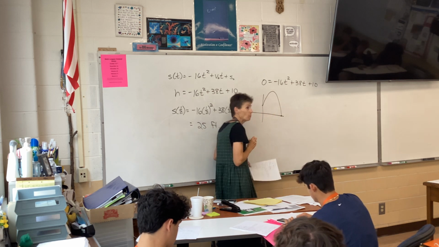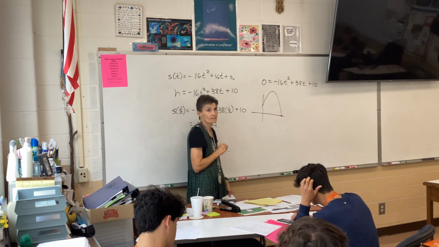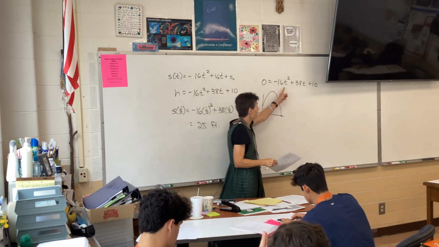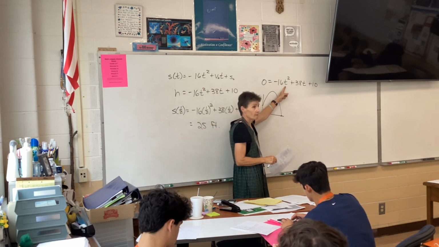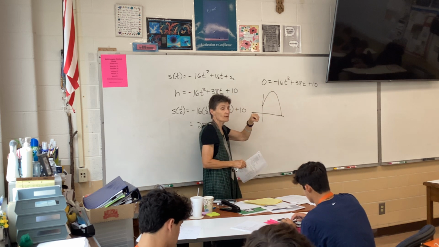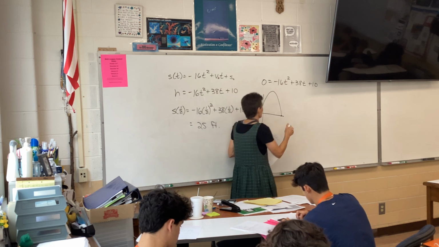You would be looking for that point right there, right? You could also do this algebraically using the quadratic formula, okay? So I'm gonna go ahead and do that because we haven't done one of those yet today. You guys that wanna graph, that's okay. Hopefully we end up with the same answer.